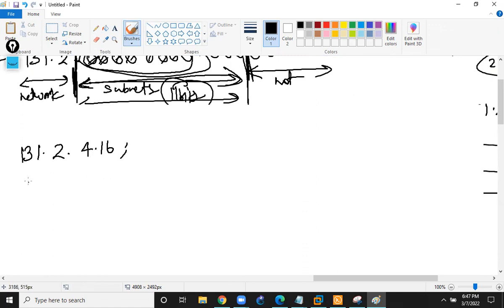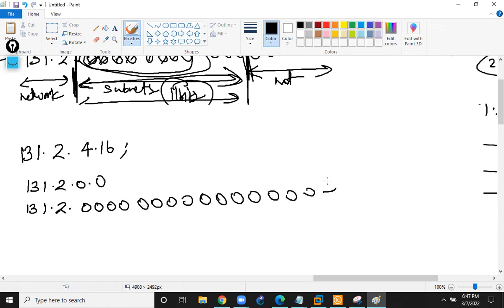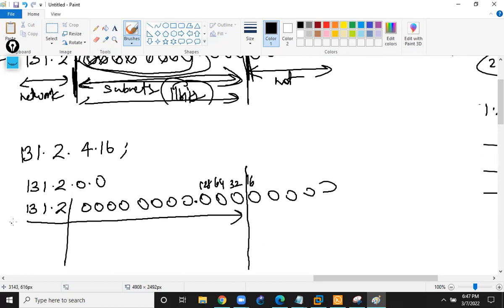Now I expanded it: I've written the network address 131.2.0.0 and expanded the host bits, 131.2.0.0000000000000. Now we have drawn the line between 32 and 16, so we have extended the network bits up to there.